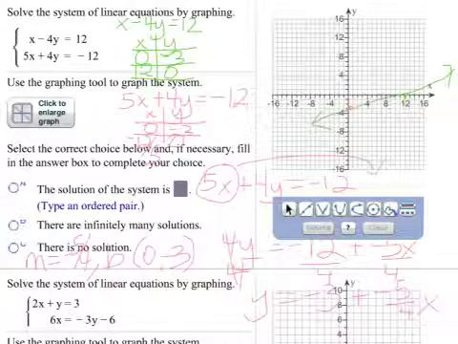And then we'll use our slope. So we're going to go down 5 and over 4. And that will be our line. So the point where these two lines cross is right here at 0, negative 3. So that's the solution to the system of equations.